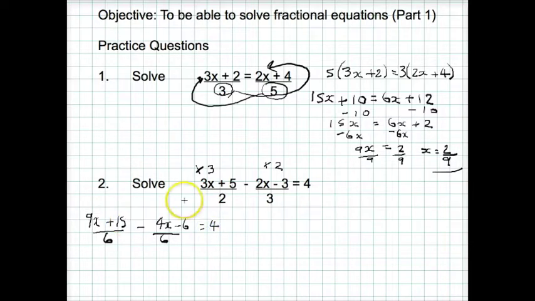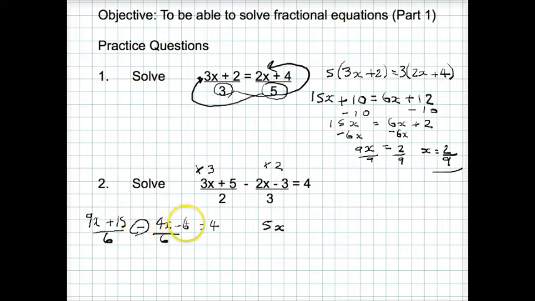Now, because this is a takeaway here, it means that we've got to take away both these terms here from these terms here. So what I like to do is just put a circle around that, so I know that I've got to use the negative twice. So if I do 9x take away 4x, that's going to leave me with 5x. But then I need to do 15 take away minus 6.